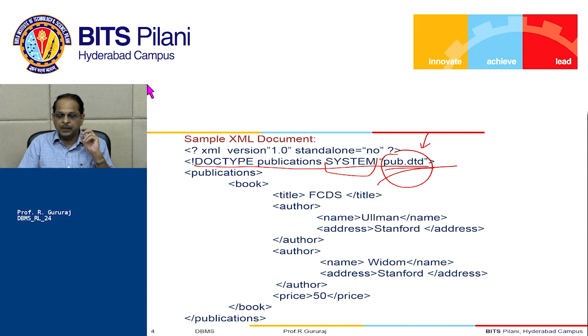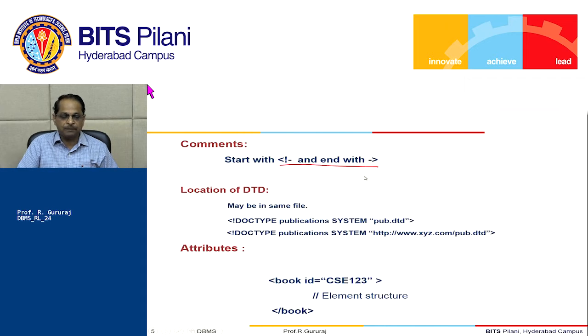Otherwise, it is optional, and in some cases the DTD file you are adopting can be available on some other machine, and in that case I will specify in these double quotes the URL of the machine where this pub.dtd file exists. So the first line indicates that to specify the location of the DTD document, I can use this syntax or this syntax.